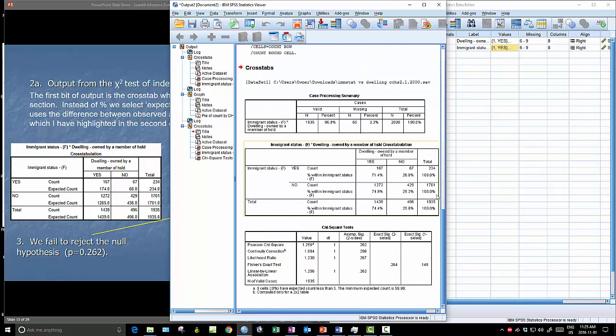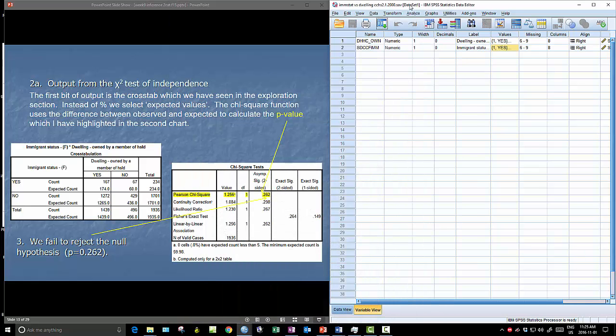And off we go. We produce that table with percents by rows, but we also produce the chi-squared test. That's the one that's important. Let's look to the left, to PowerPoint. I've highlighted where the p-value is.